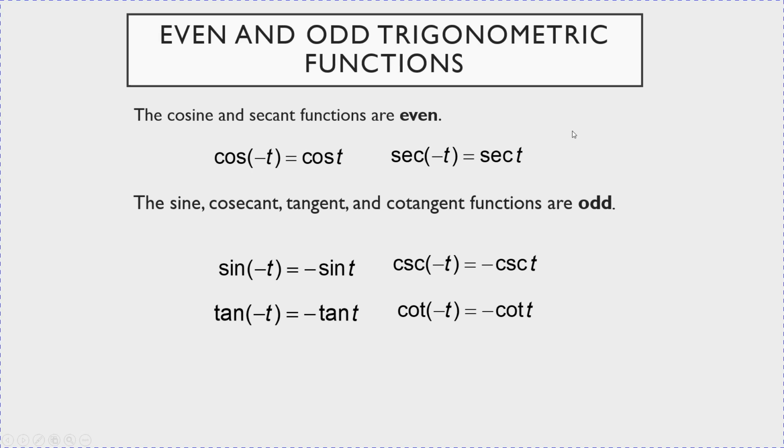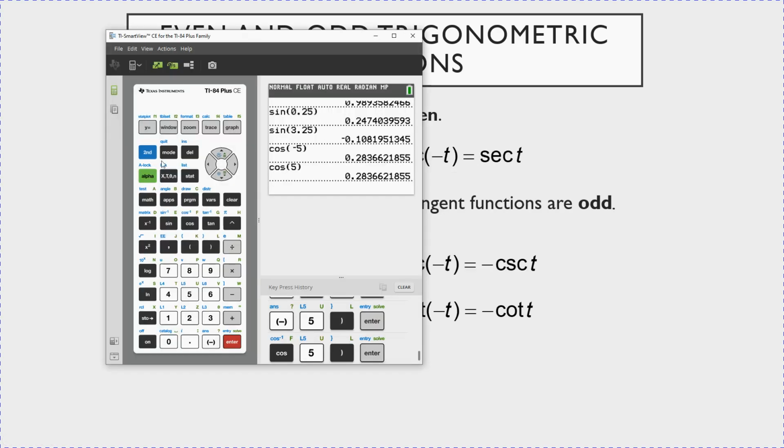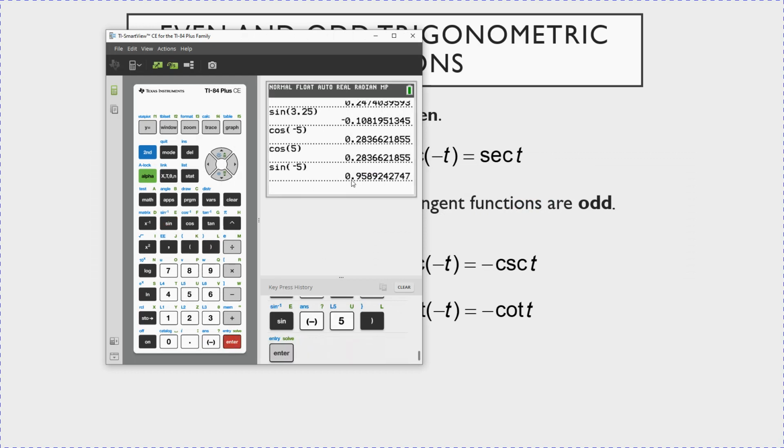Whereas sine, cosecant, tangent, and cotangent are odd functions, meaning that sine of negative t is equal to minus sine of t. Watch. If I take sine of -5, notice that is a positive 0.9598. So if I take sine of 5, I get the opposite sign. That's why you need that negative in front of it.